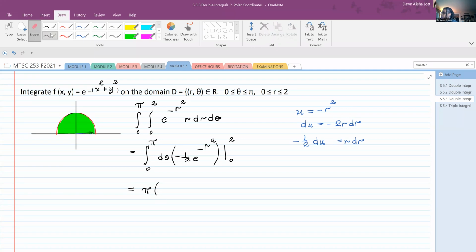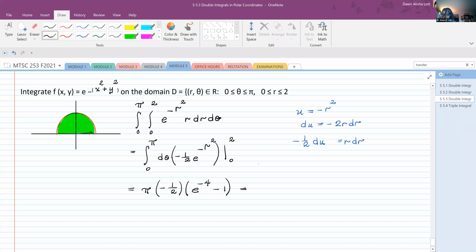Very good. So I'm going to pull the negative 1/2 out. When I put in a 2, I get e to the negative 4 minus 1.